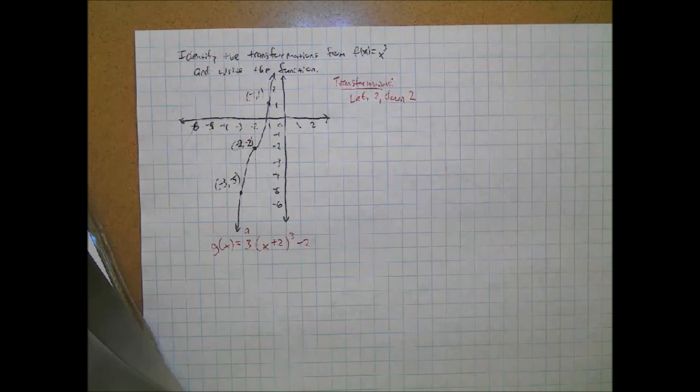I'll have you do numbers 2 through 4, and then 11 through 17, the odds there.